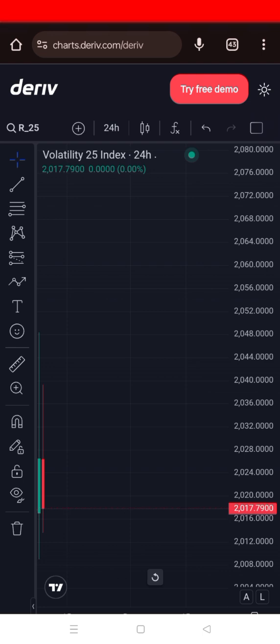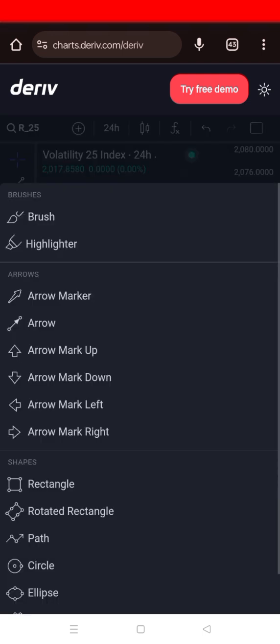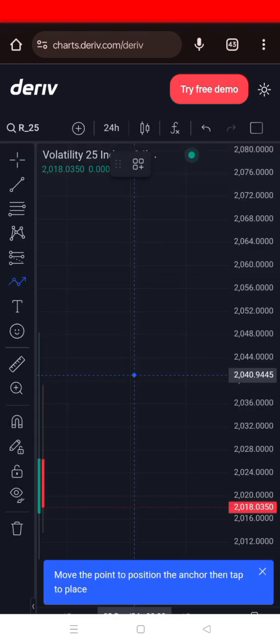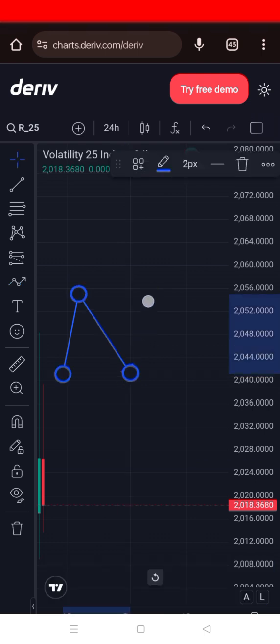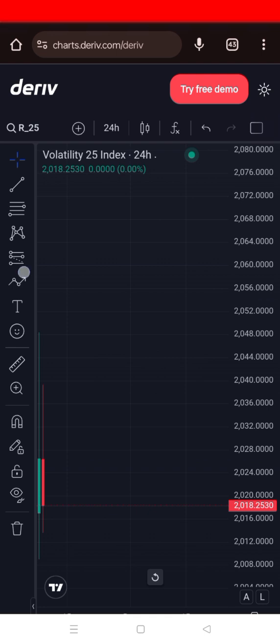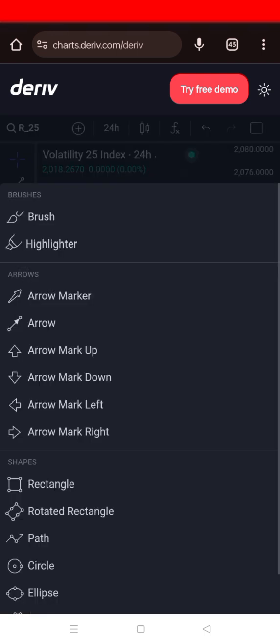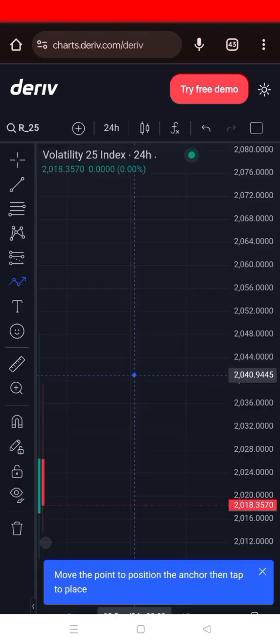So let me talk of the last key thing that a trader needs to know. That's the resistance and the support. So whenever you find that the market moves, hits at one point, then hits at another point. Let me repeat drawing this. So how do we identify the support and the resistance?